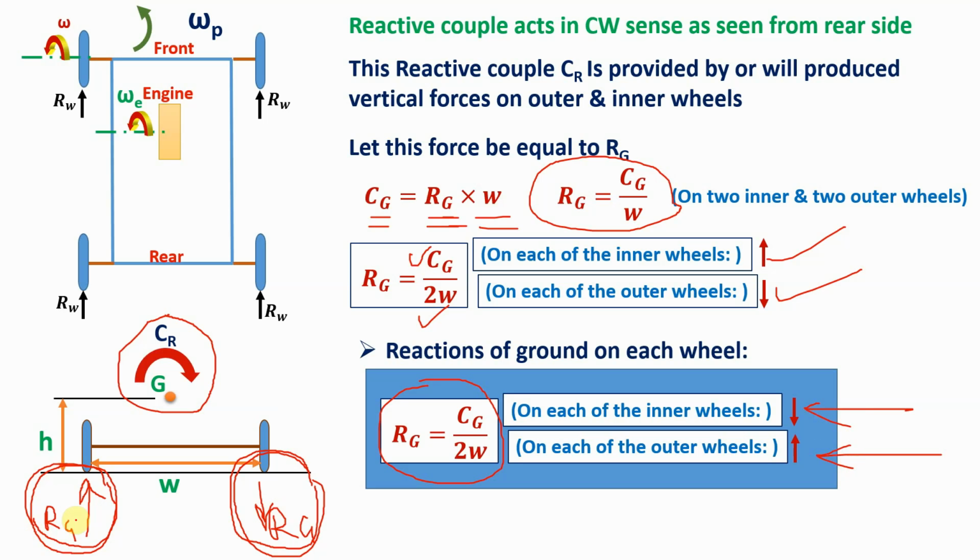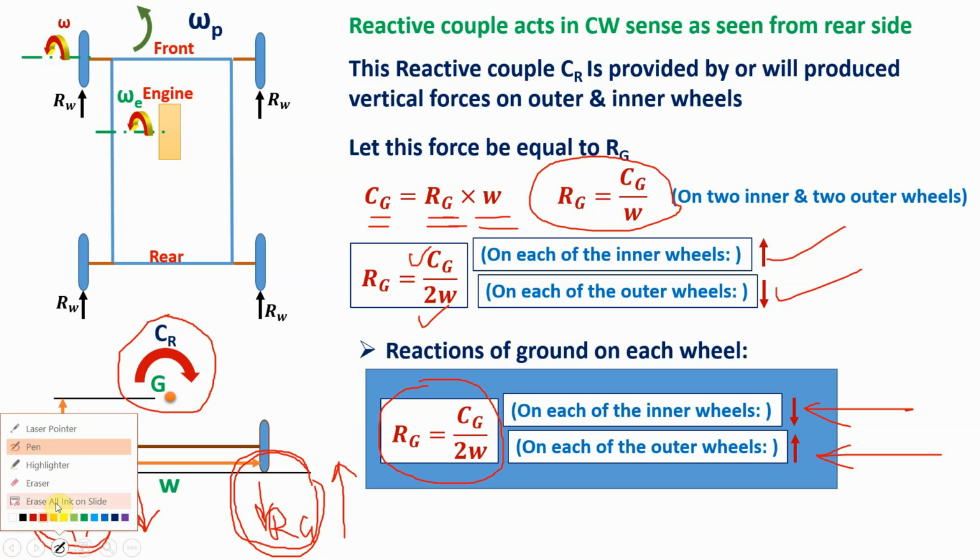On each of the inner wheels, the reactions offered by ground will be downwards, and on each of the outer wheels, reaction offered by the ground will be upwards. Okay. Remember that these reactions marked in circles are the forces exerted by each wheel on the ground. So the ground will exert equal and opposite reactions.